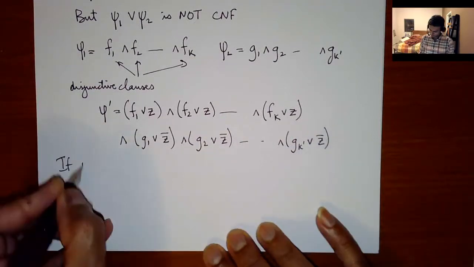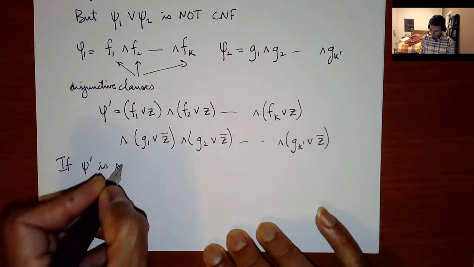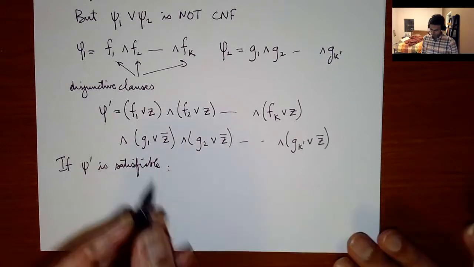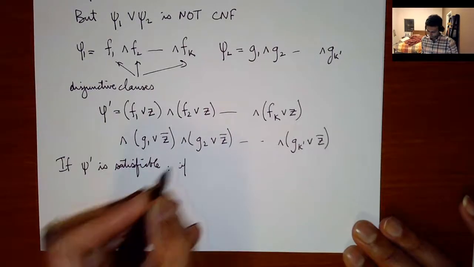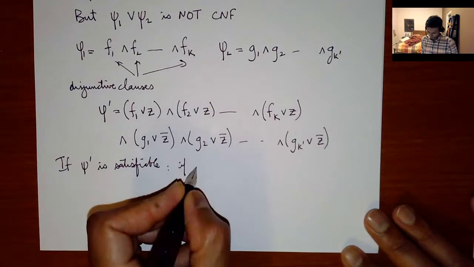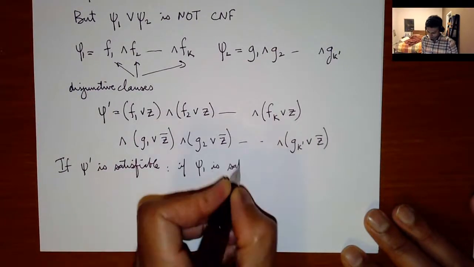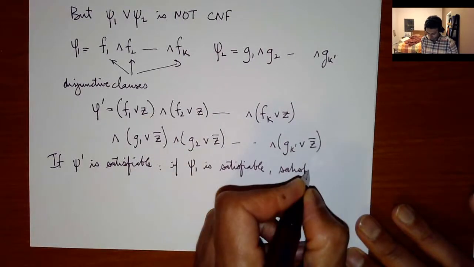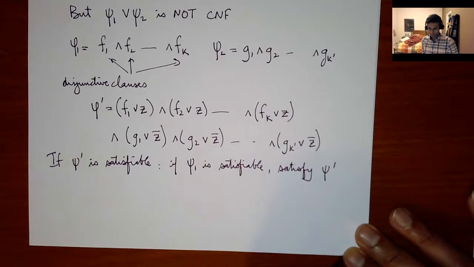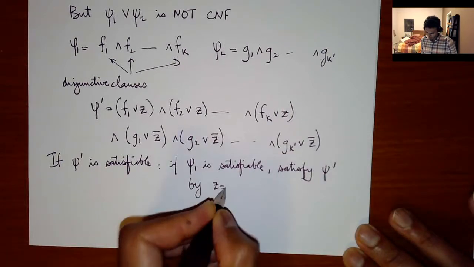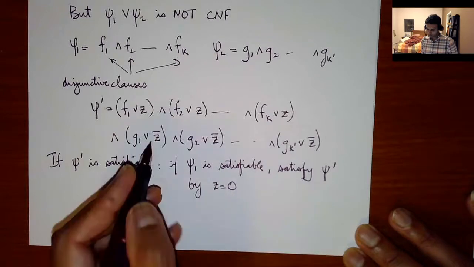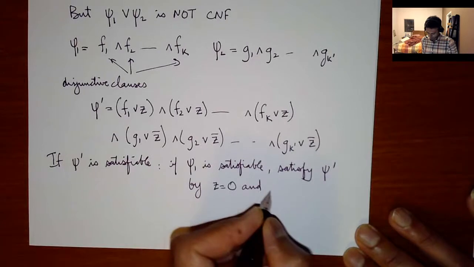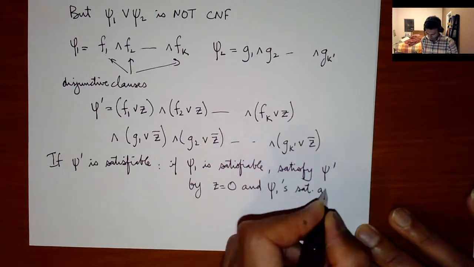Okay, so if C prime is satisfiable, then if C1 is satisfiable, then you satisfy C prime by z equal to 0 or false, which would make all of these automatically true, and C1's satisfying assignment.